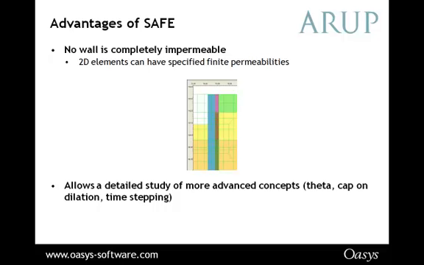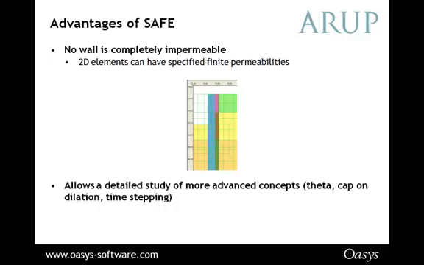Now, I've mentioned this a few times, but SAFE uses 2D or solid elements, where you can specify permeability. And I think you'll probably be aware that no wall is completely impermeable. So SAFE models the actual problem much more closely than an FE program which might use beam or 1D elements. It also allowed for a much more detailed study of more advanced concepts.